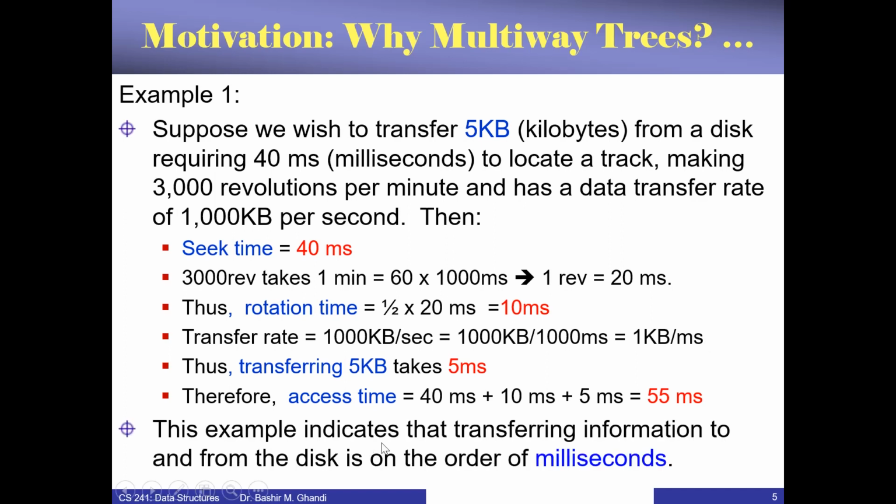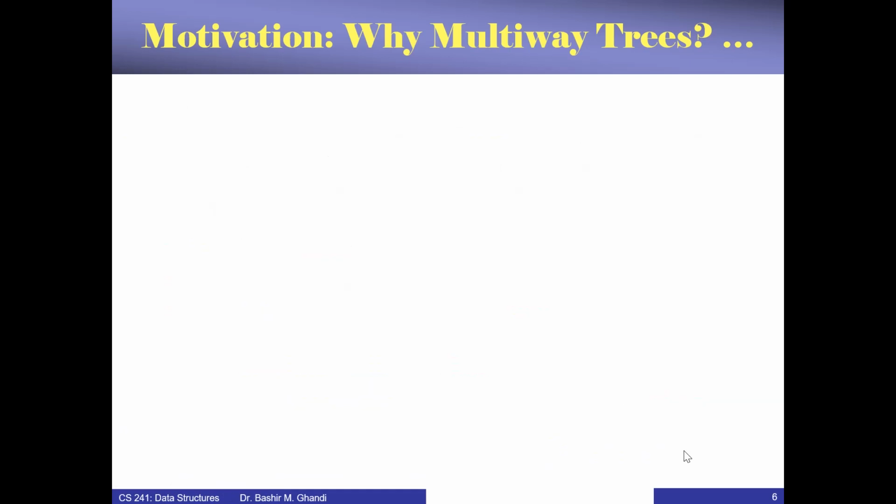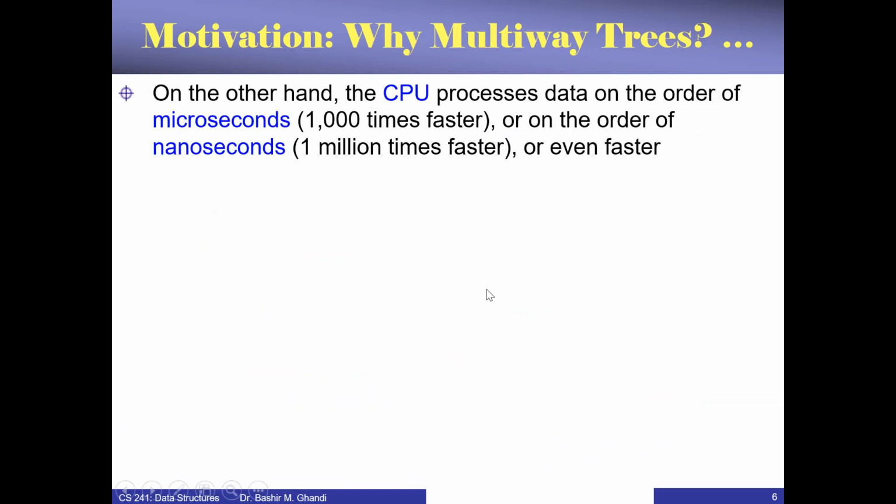This example indicates that transferring information to the disk is in the order of milliseconds. On the other hand, the CPU on most modern computers processes data much faster than that.